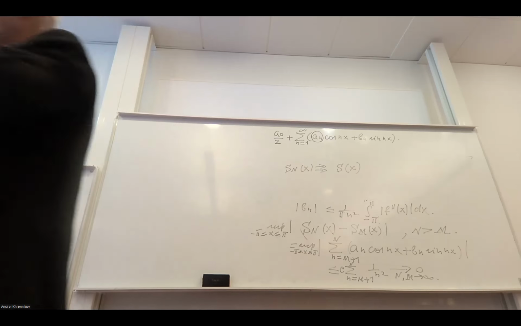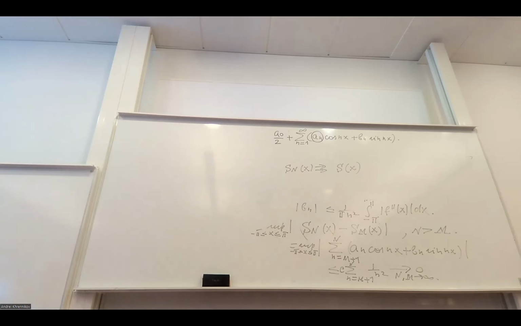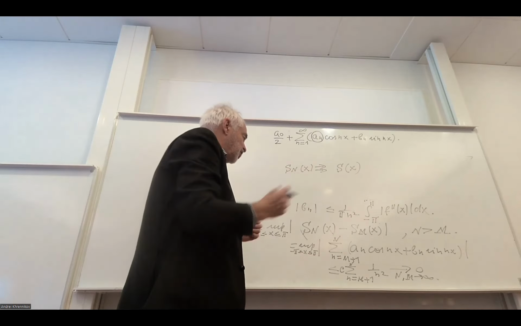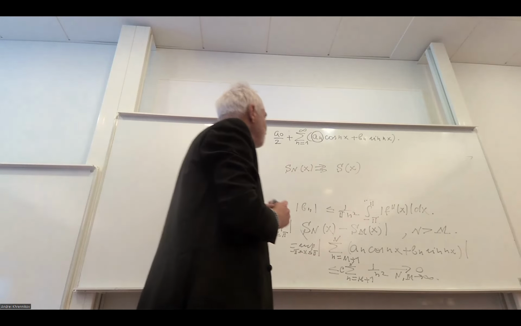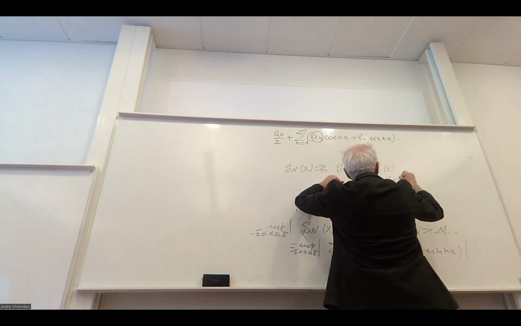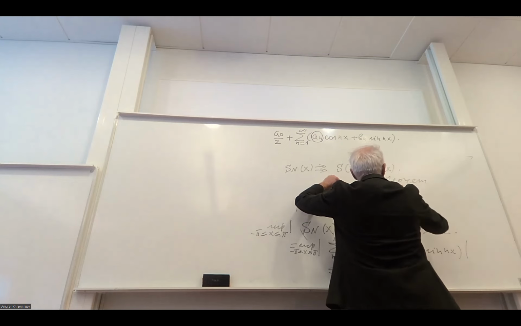And here we shall now use the theorem which we proved at the beginning, that our function is so good, is differentiable, then of course the sum is equal to f(x).